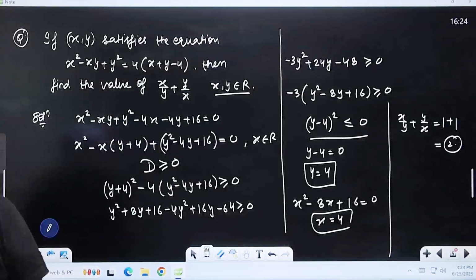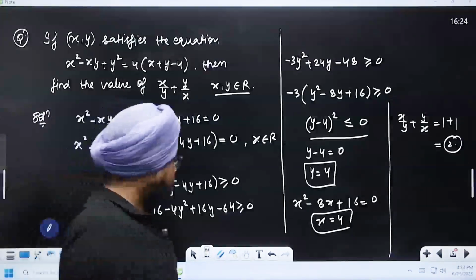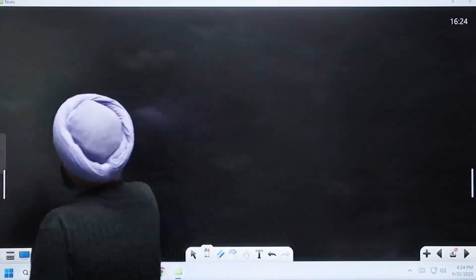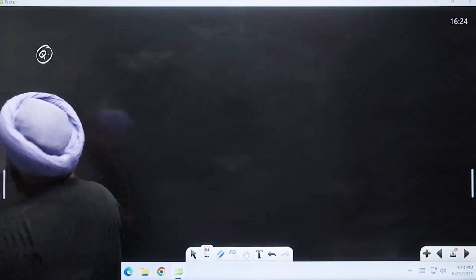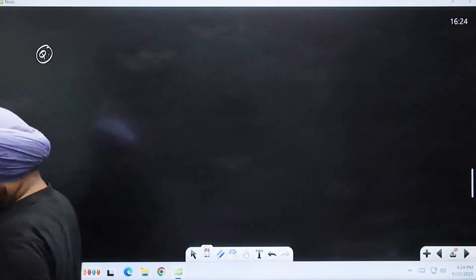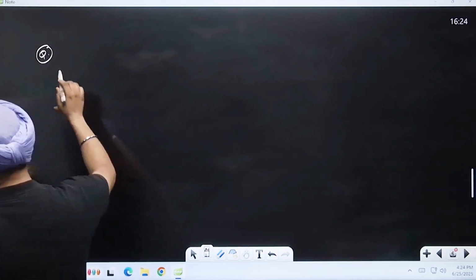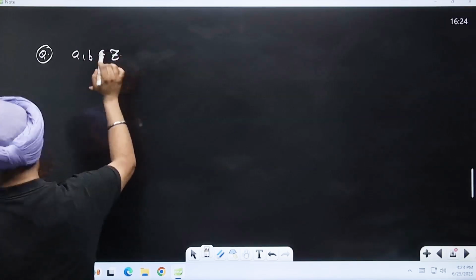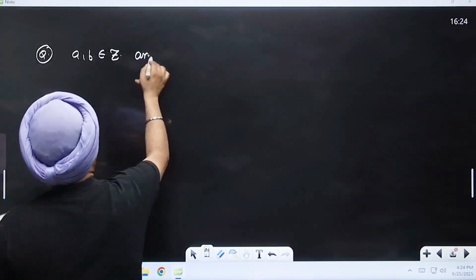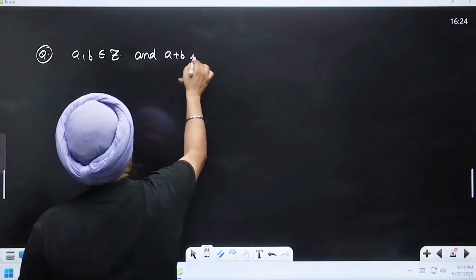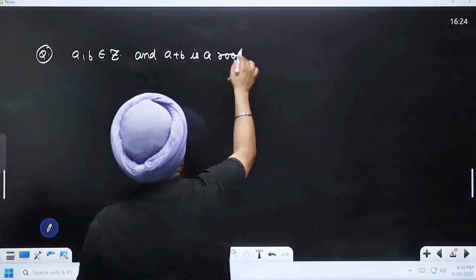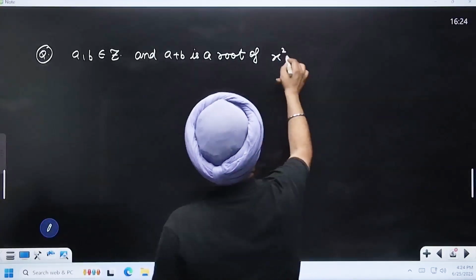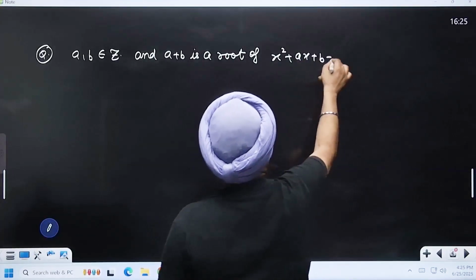Let's take a similar type of problem, and it was asked in one of the PYQs, in one of the previous year papers. Suppose a and b are integers and a plus b is a root of x square plus ax plus b equal to 0.